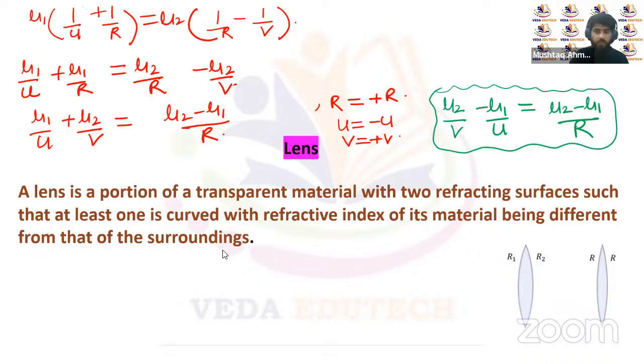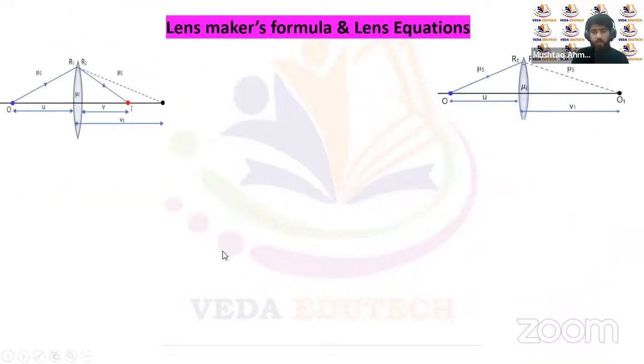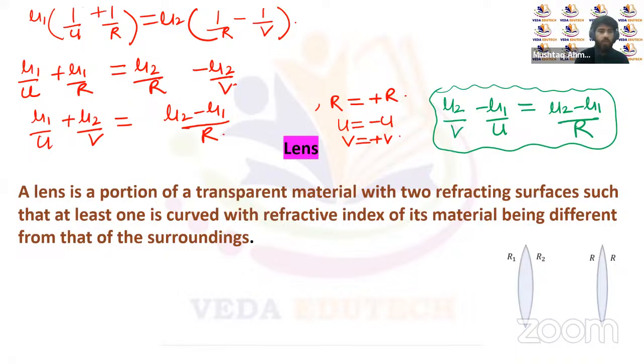Now the same refraction formula can be used for a lens also. You know the lens is a portion of a transparent material with two refracting surfaces such that at least one surface is curved, and the refractive index of this material should be different from that of the surrounding. That's the important condition for any material to be a lens. So here we have a convex lens.